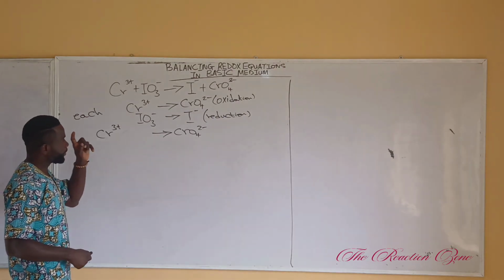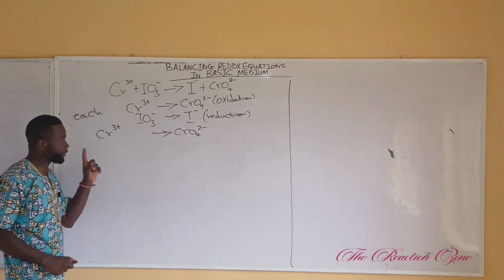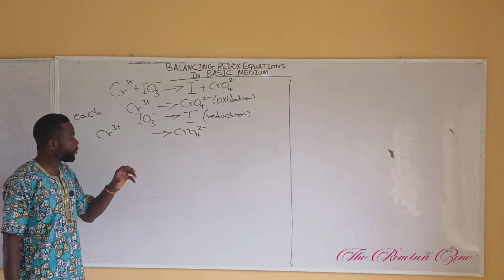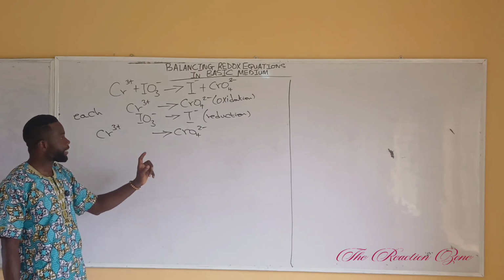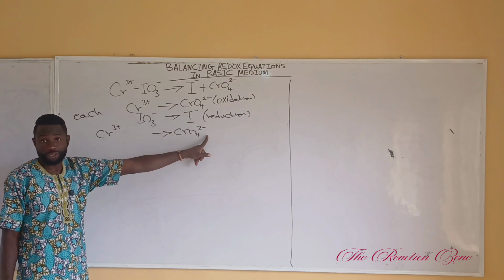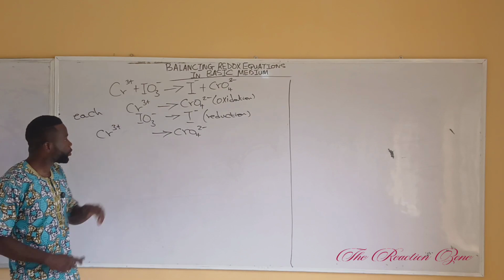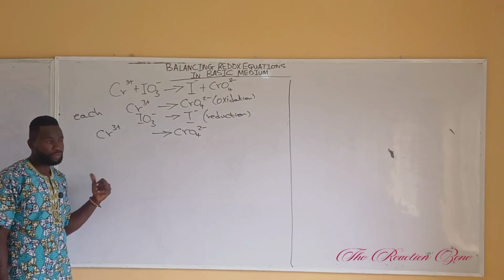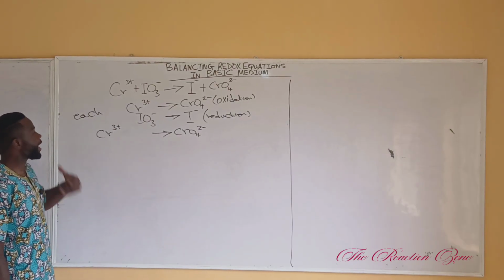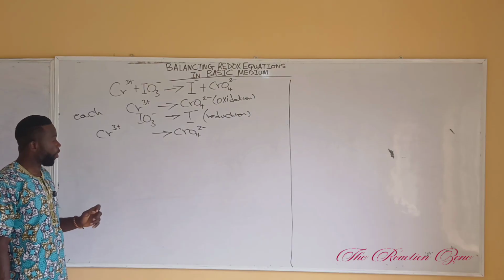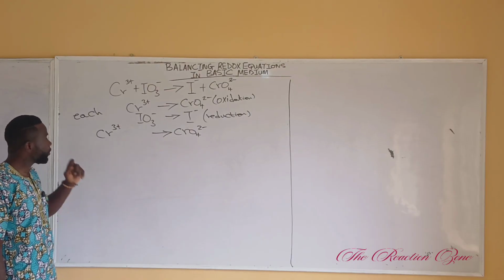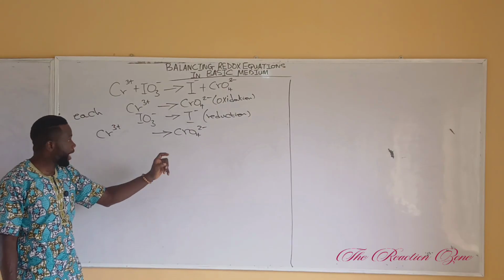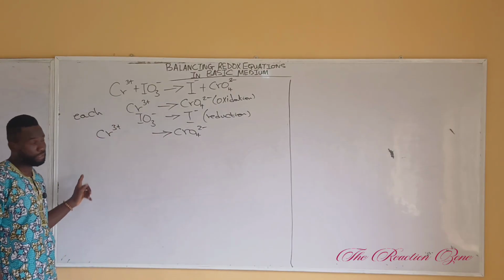For each deficiency of 1 oxygen atom, we are going to add 1 water molecule to the side that has the greater number of oxygen atoms and add 2 hydroxide ions, OH-, to the other side. So it means that for an excess of 1 oxygen atom, you will add 1 molecule of water to the side where there is excess and add 2 OH- to the other side.